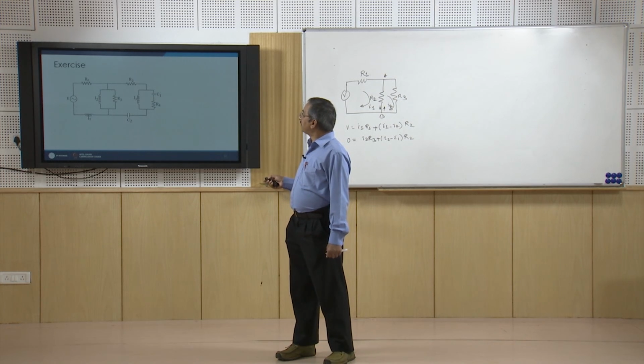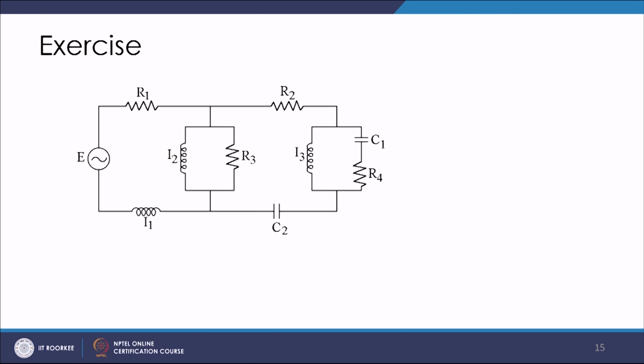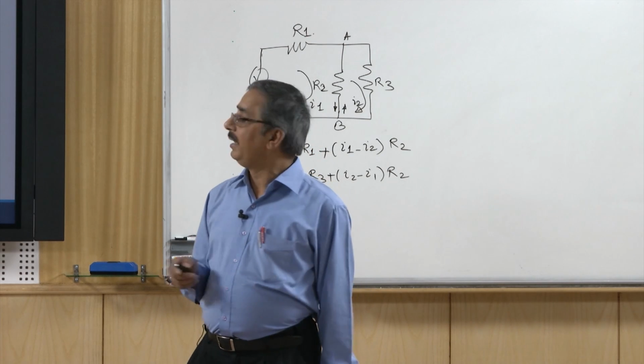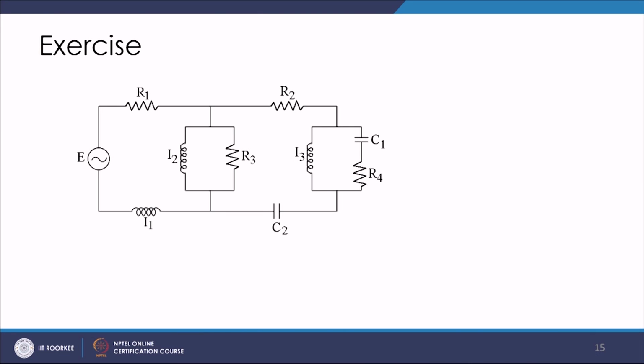I leave an exercise for you. If you can recall, this was a circuit which we have seen during bond graph modeling of electrical systems, and I leave this exercise for you to derive the system equation for this system using Kirchhoff's first and second law. You can work it out.